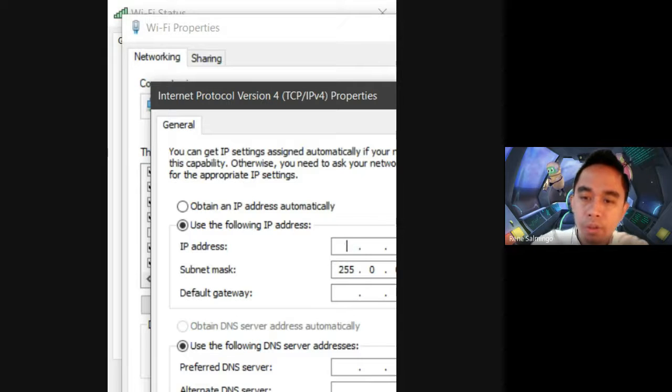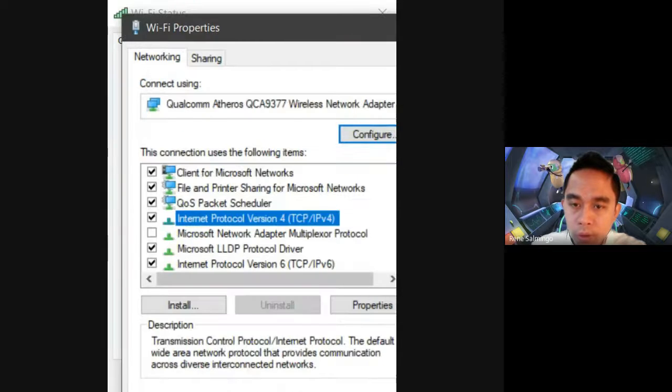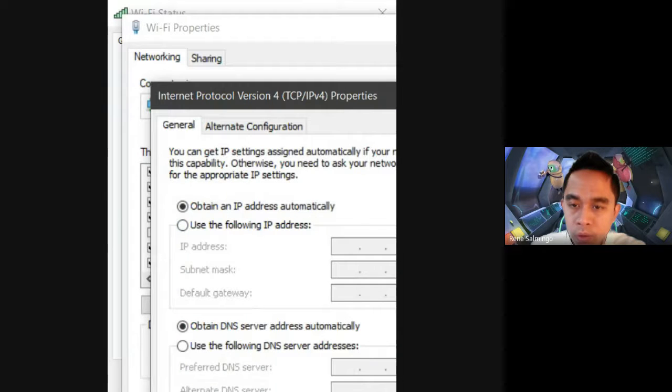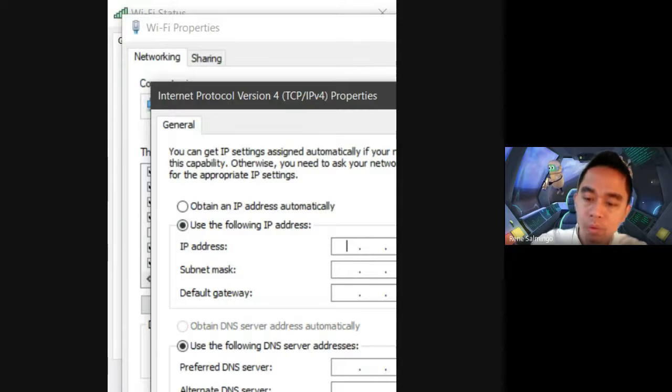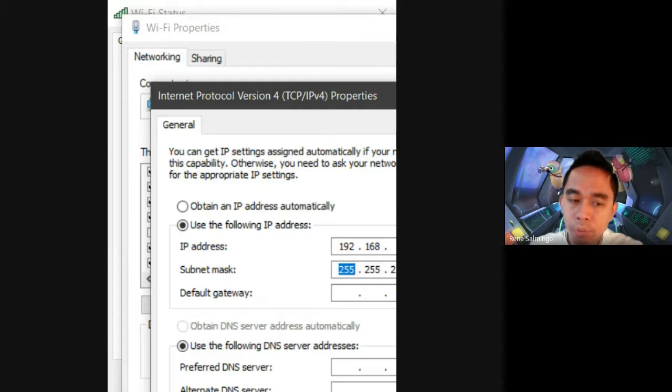Now if we change that to 192.168.1.1, okay, we go back again. As you see, if you press tab to go to the next, it is automatically generated.